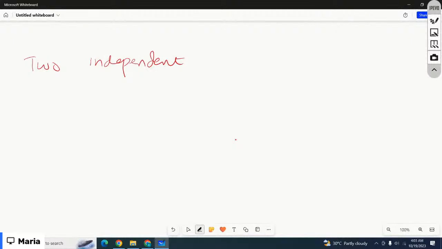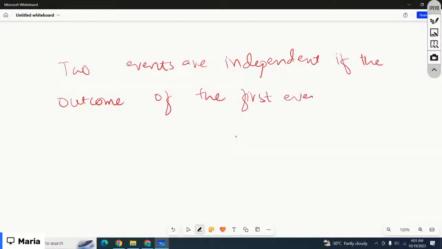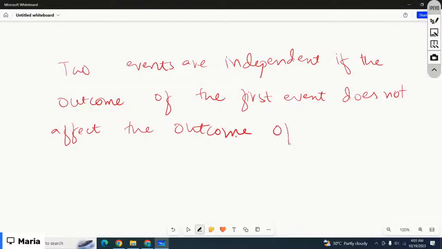Two events are independent if the outcome of the first event does not affect the outcome of the second event, right?